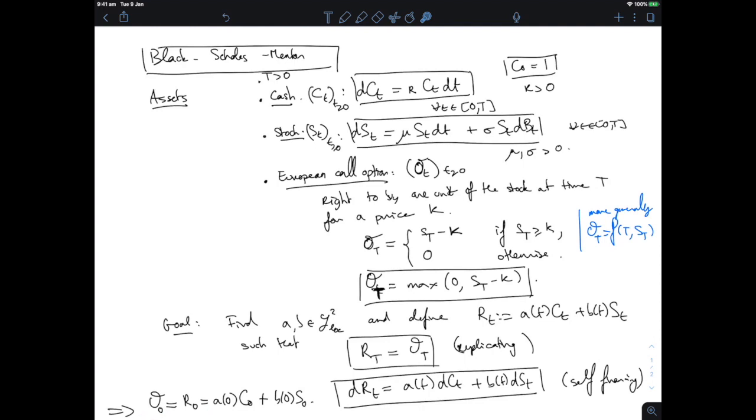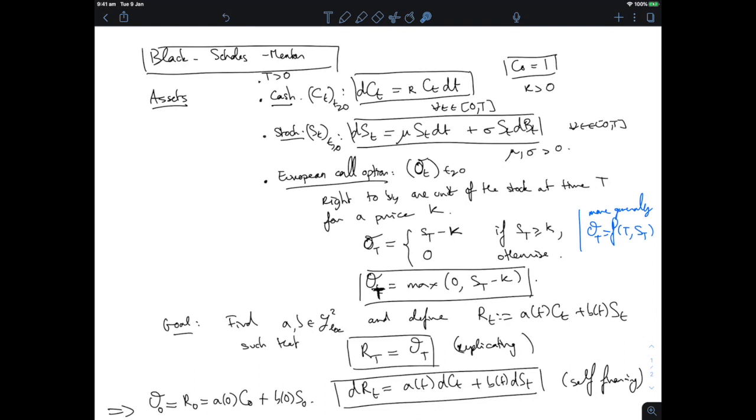So this is an assumption that every short and long position is acceptable, and this is quite a reasonable one in order to reach a result, and that's one we see happening in practice. Okay, well, replicating is what it is. You want, as a random variable, the final value of your replicating portfolio to be exactly the same as the value at the final time of your European call option.